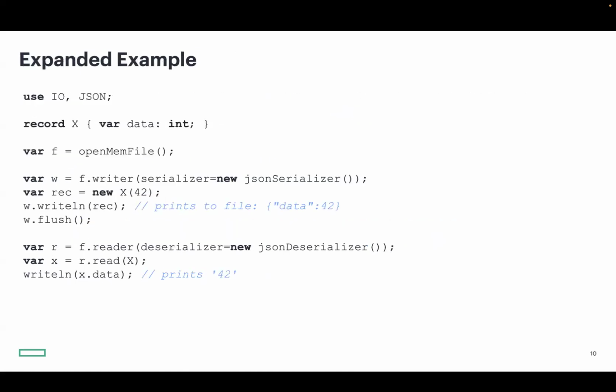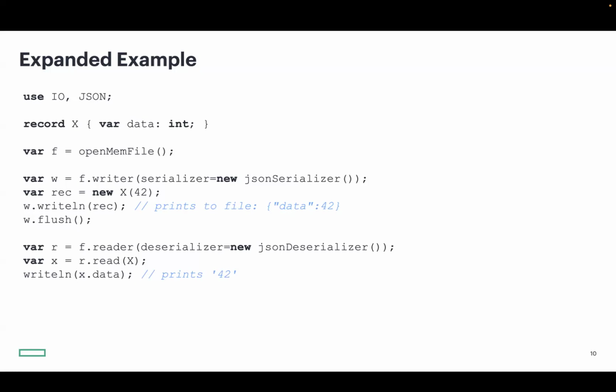Expanding on this example, let's do both serialization and deserialization. Instead, we'll open a file in memory. We will create a writer by passing in a new JSON serializer, and write a record to the file, and that will print the JSON object with the name-value pair of data and 42.